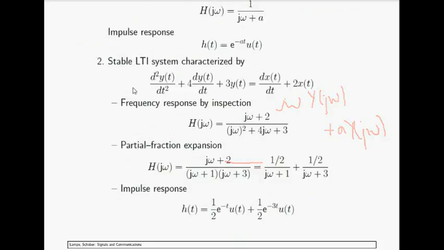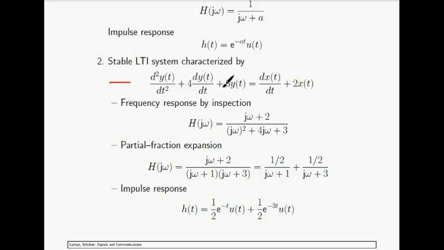Now let's see the second example, where the LTI system is characterized by this equation. Similarly, as I told you in the first example, you need to take the Fourier transform of this equation to find the frequency response. It will be (j omega)^2 Y of j omega plus 4 j omega Y of j omega plus 3 Y of j omega is equal to j omega X of j omega plus 2 X of j omega.